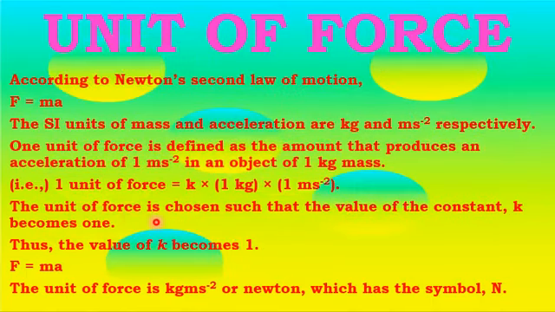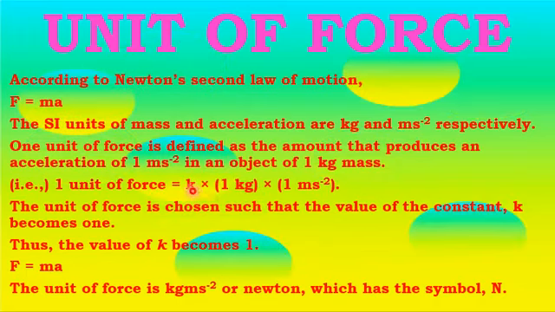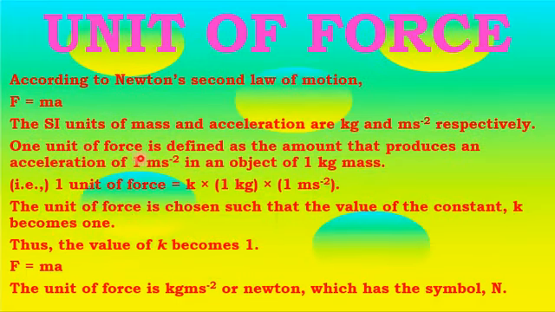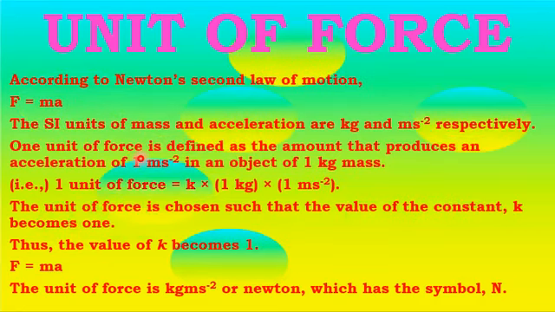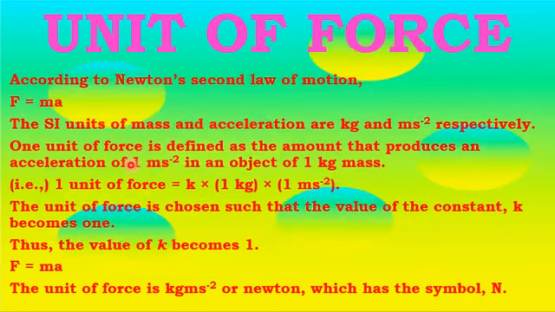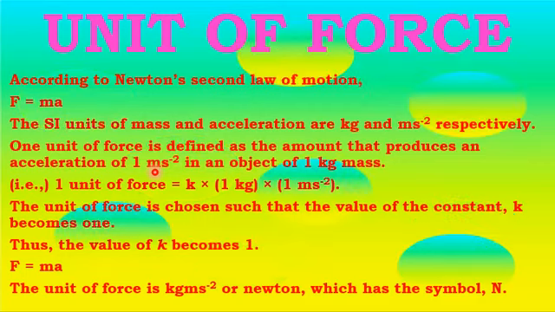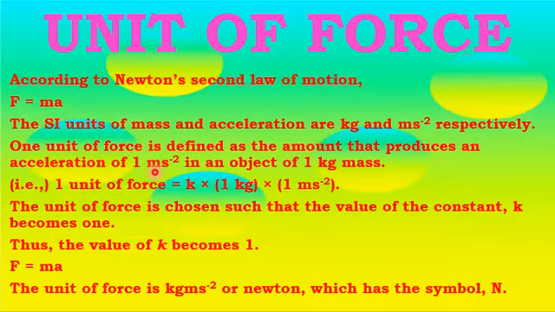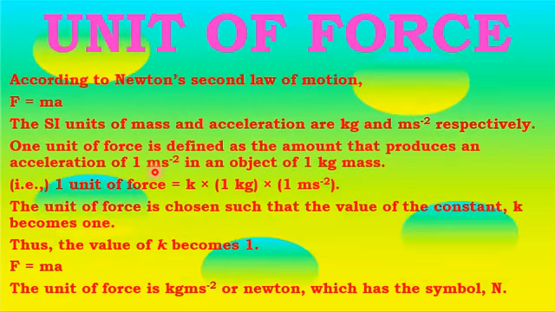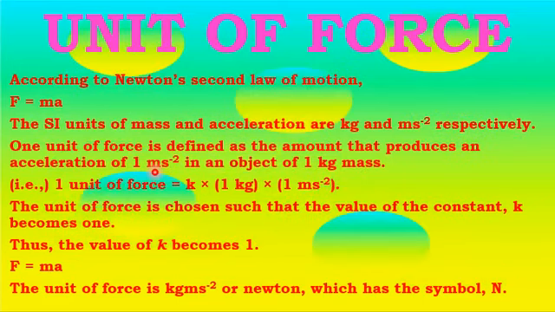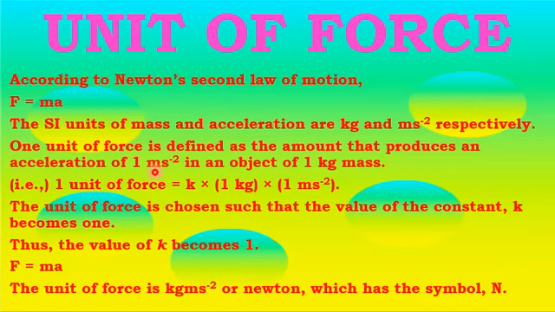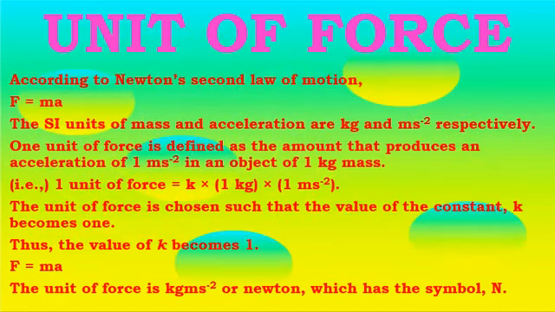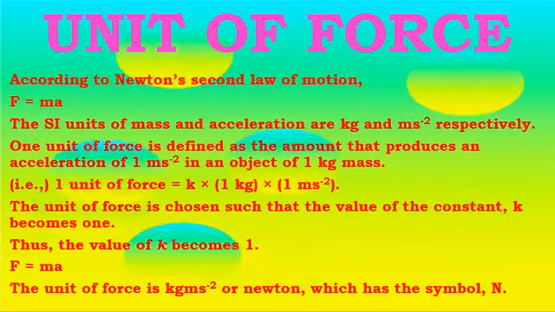With the constant k becoming 1, 1 unit of force is defined as the amount that produces an acceleration of 1 meter per second square in an object of 1 kg mass. This is 1 unit of force, and it is also called Newton. This is the definition of 1 Newton.